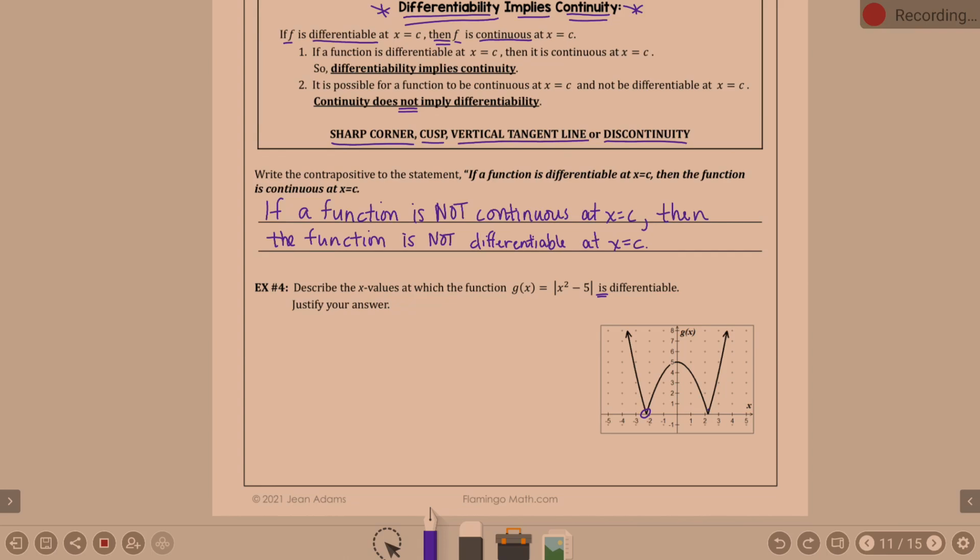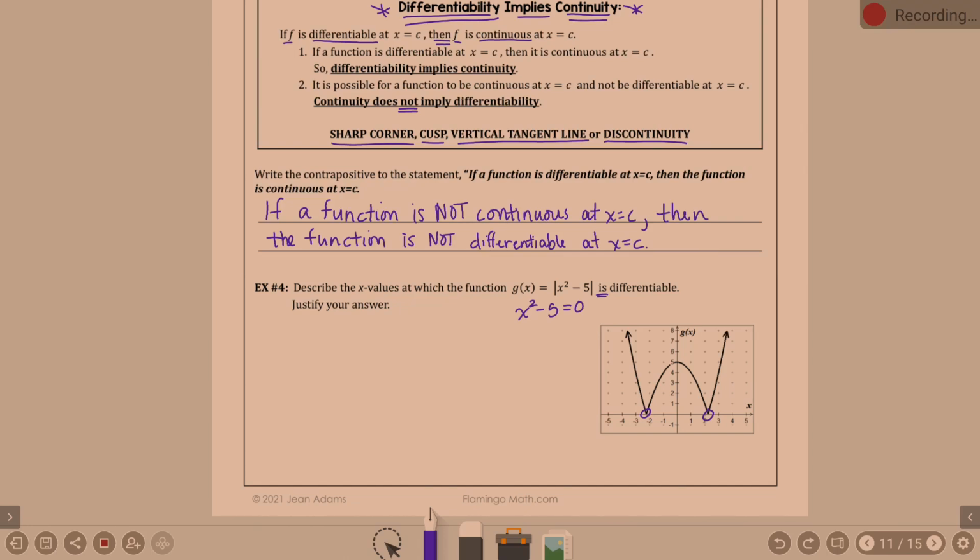That negative 2 point something and that positive 2 point something, right? Now, officially, do you see this expression x squared minus 5 up here? Well, if you set x squared minus 5 equal to 0, this would be like finding x-intercepts because we're making the function y equals 0.